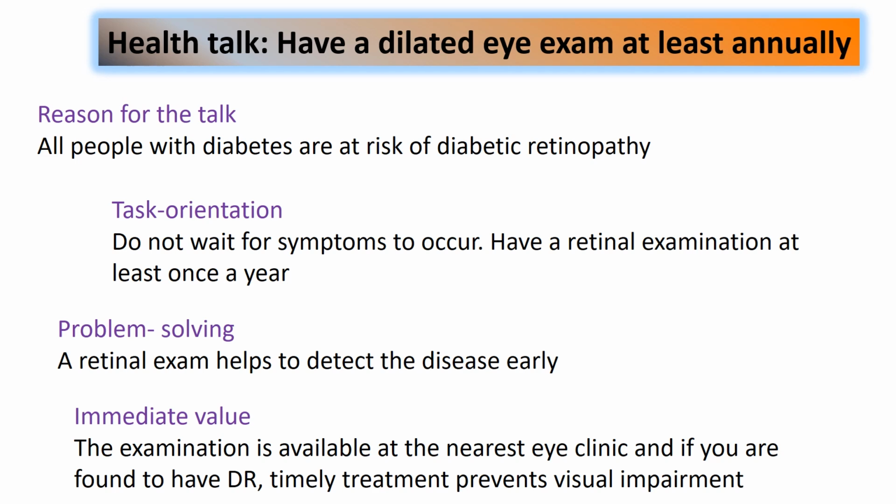How is this talk linked to problem solving? Explain that a retinal examination helps to detect the disease early. And what is the immediate value? Explain that the examination is available at the nearest eye clinic, and if the patient is found to have diabetic retinopathy, timely treatment can help prevent visual impairment.